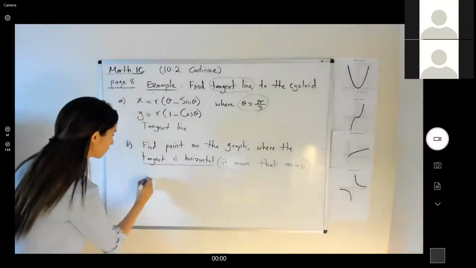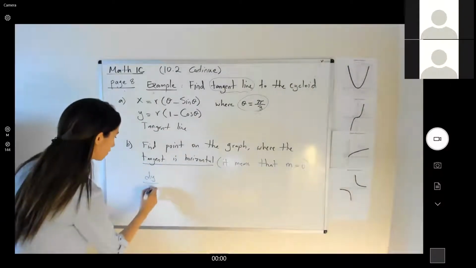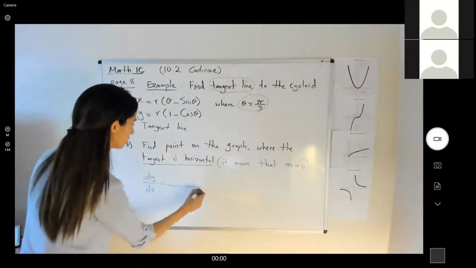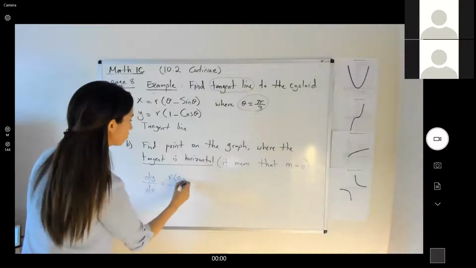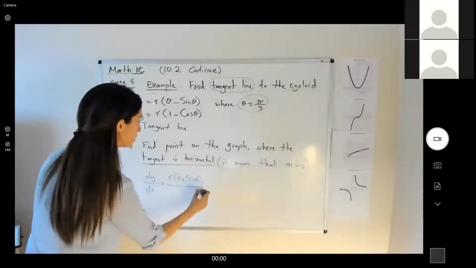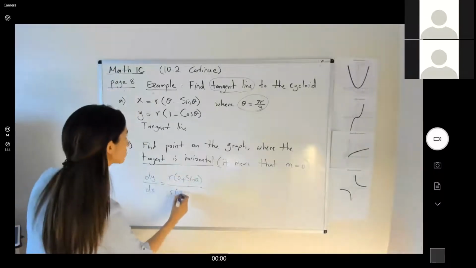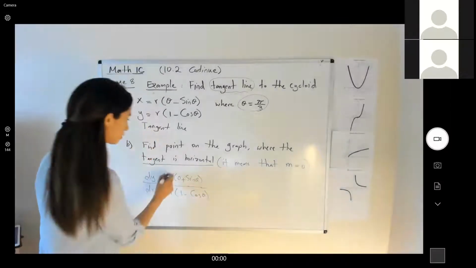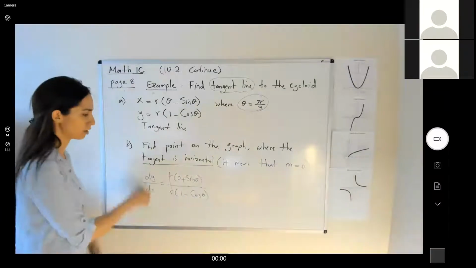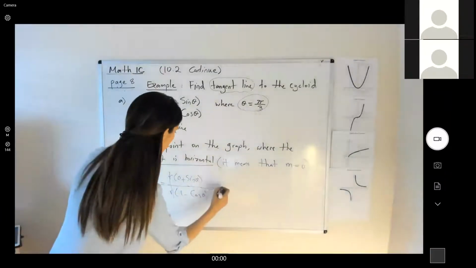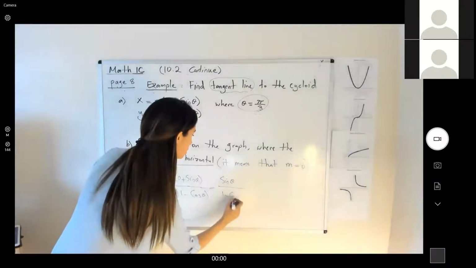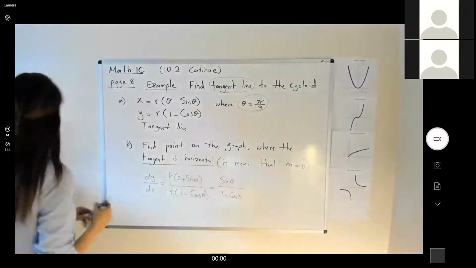So the derivative of the function dy over dx, it was r times 0 plus sine theta divided by r times 1 minus cosine theta. So remember, we could cancel out r and r. This is the derivative of the function, sine theta divided by 1 minus cosine theta.